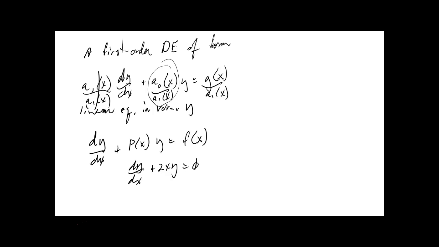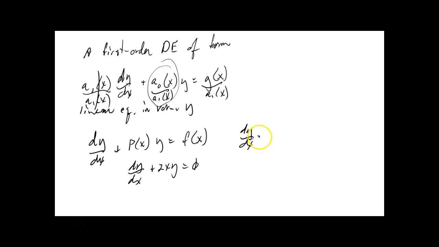How about this one? dy dx is equal to y plus 5. Is that a linear differential equation in x? You can make it. Yeah, you can. Just subtract y from both sides and you got it.